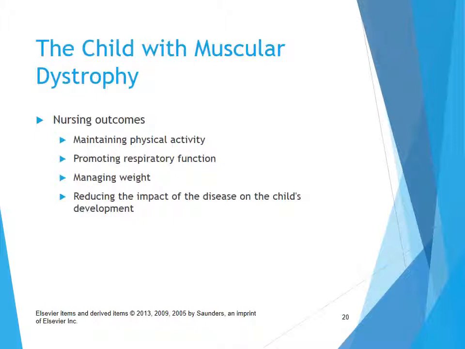Waddling, wide base gait. Calf muscles are weak and hypertrophied. Muscles of the pelvis and the shoulders are affected. Walking ability is lost by age 9 to 12 years. They have a shortened lifespan, and they often will have other comorbidities such as cardiomyopathy, cognitive disability, and moderate obesity.